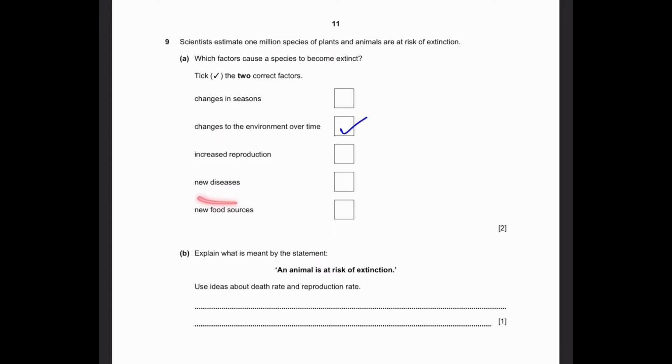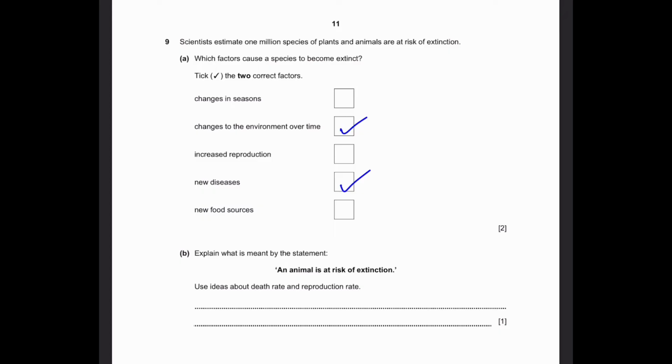And then new diseases, of course, this causes extinction because in case there is a disease which affects a particular species, that species could be at risk of extinction. And new food sources, once again, this causes growth of the animal population, not extinction. Let's go to part B.